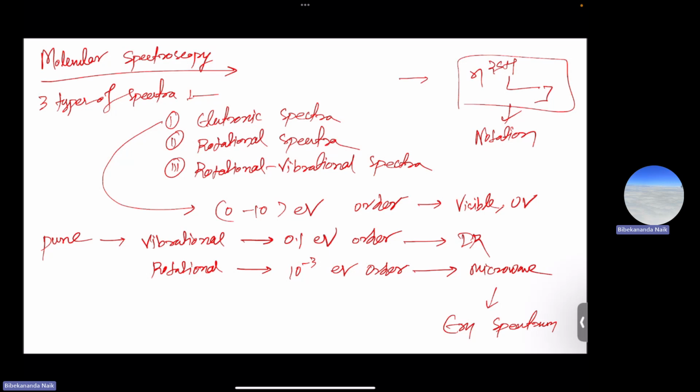Now, if we talk about how the levels are arranged, suppose this is B, this is A. So these are electronic levels.